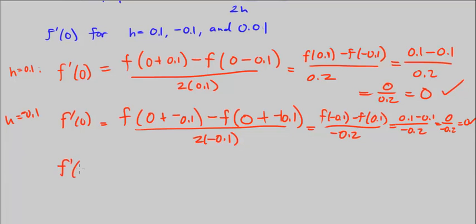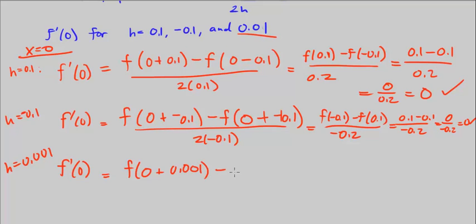So let's try it again. f prime of 0, and let's get smaller. So let's use h equals 0.001. So this is f of 0 plus 0.001 minus f of 0 minus 0.001 over 2 times 0.001. Actually, it's 0.01 it should be, but let's do this one.